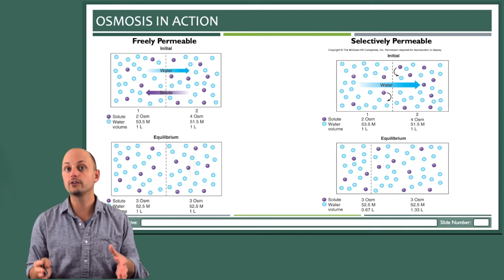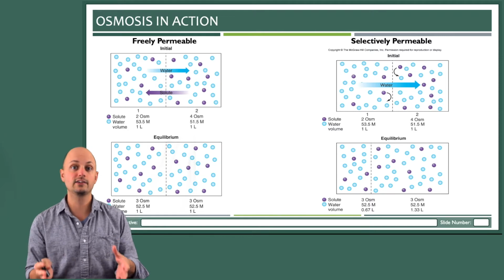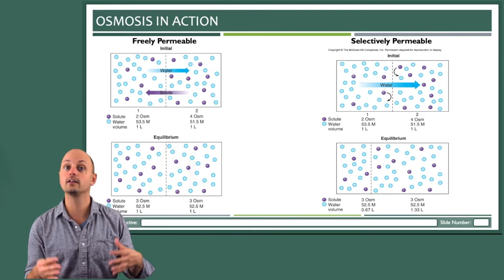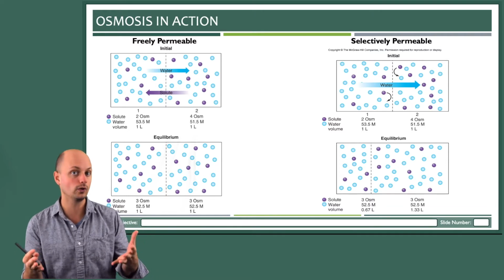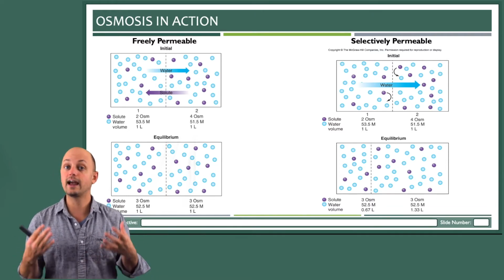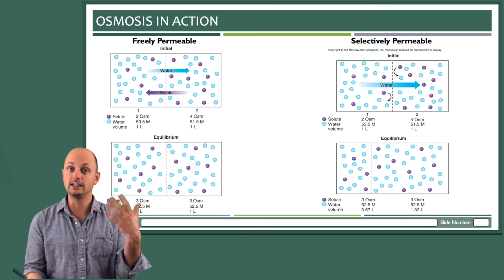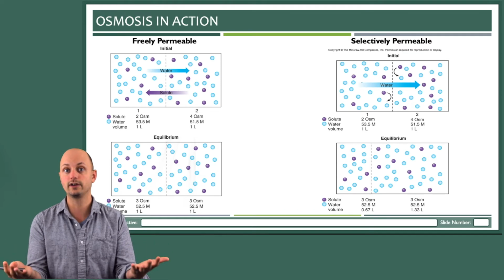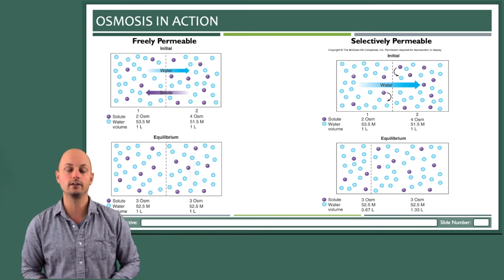Now, because the membrane's freely permeable to both water and solute, they're both able to move down their concentration gradient until the concentration gradient no longer exists. So if you look at the bottom panel, you'll see everything is completely balanced. Equal concentrations of solute, equal concentrations of water on both sides. The net flux is 0, and the containers have equal volume.